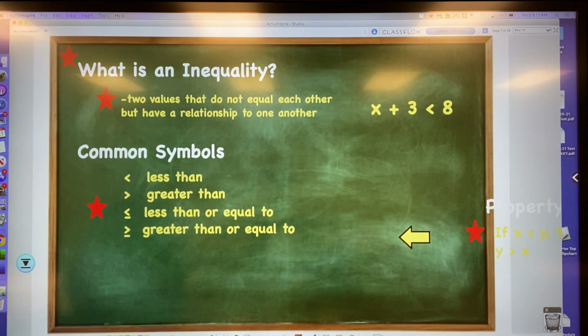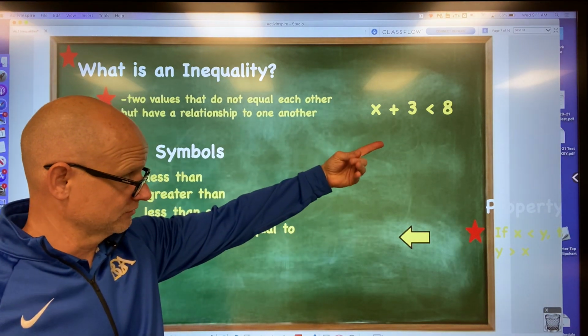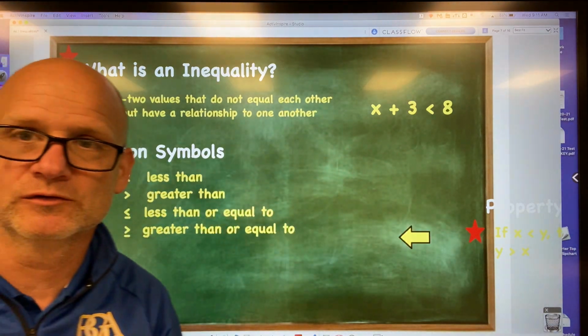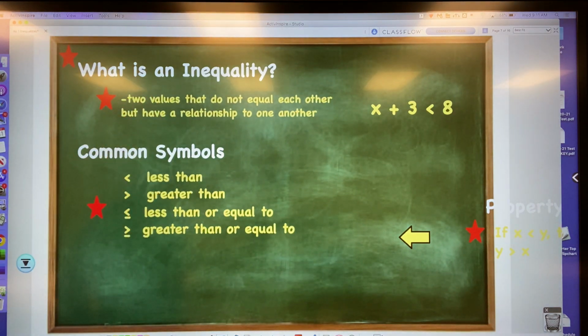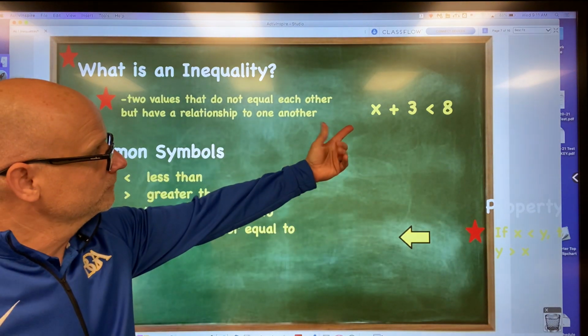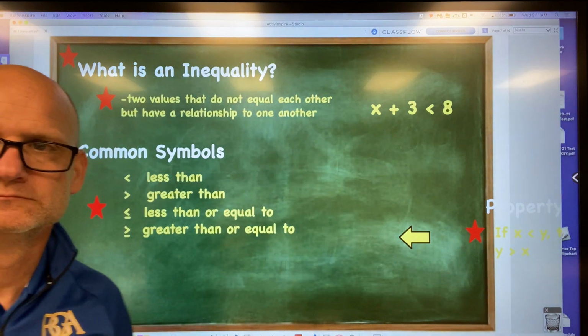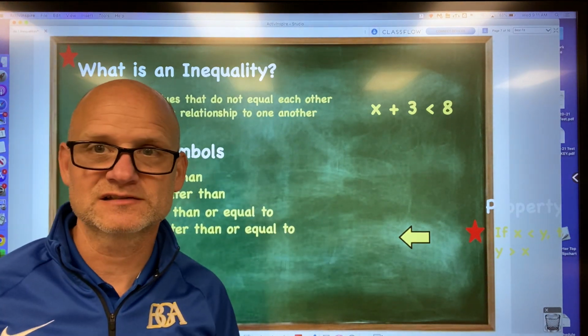All right, so what is an inequality? Here's an example: x plus 3 is less than 8. That would be an inequality. An inequality is two values that do not equal each other but have a relationship to one another. So over here, what could x equal? Well, it's just as long as x plus 3 is less than 8.